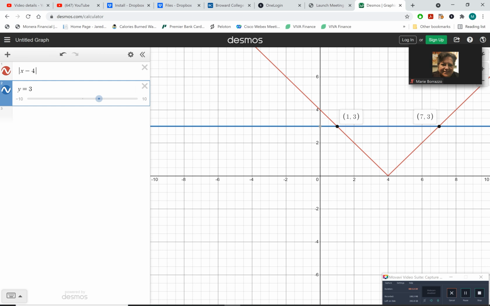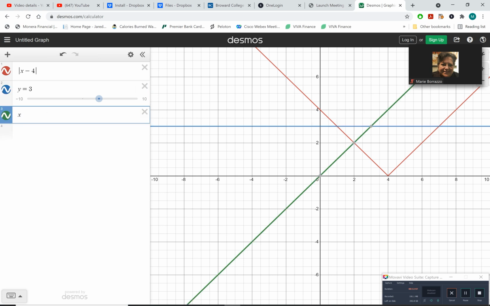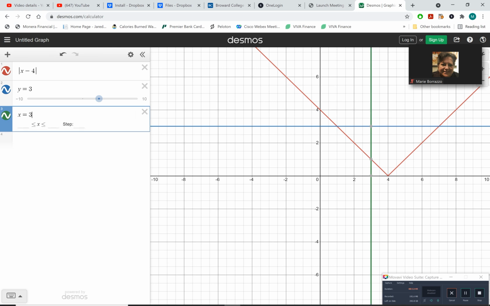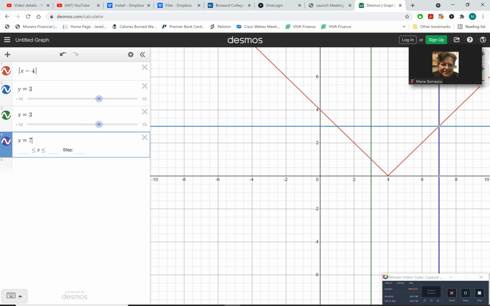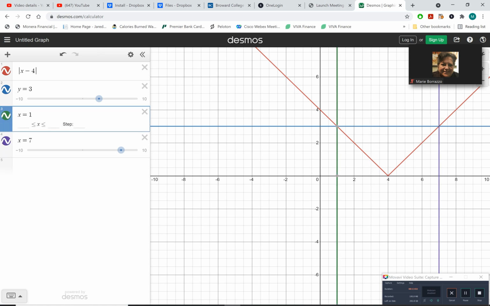Do you notice the points are 1 comma 3 and 7 comma 3, where it actually intersects, where x is equal to 1. And also we have another point where x is equal to 7. So these points that you see here, I put a 3, I meant a 1, sorry. These points that you see here are the crisscross points where you have the intersection of all of these values.